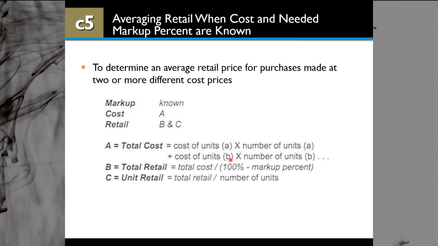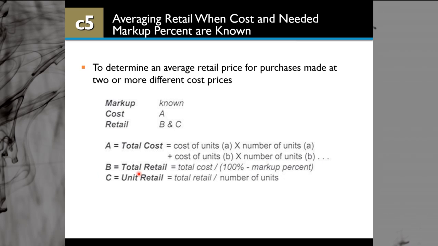And this A and B means that maybe you have a few different items at different costs and different numbers of those units. So it depends on item 1, item 2, and you can get total cost based on the cost of units and the number of units.